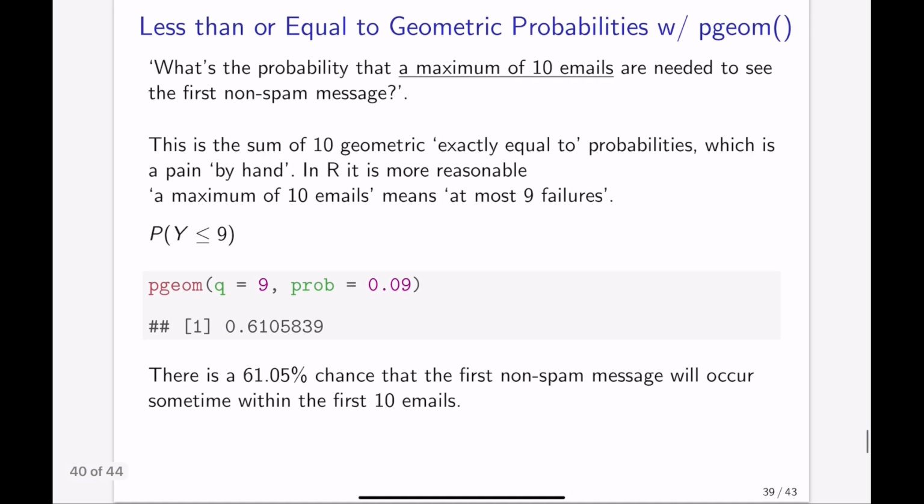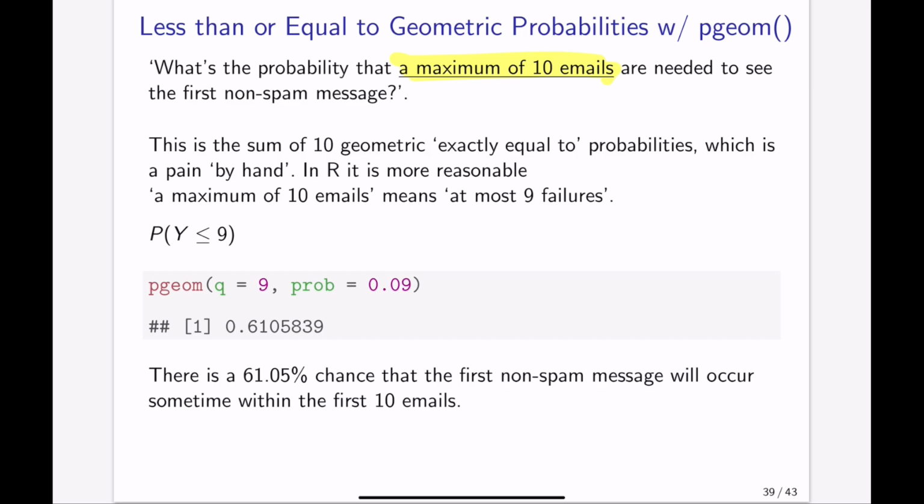So let's look at an example. What's the probability that we need a maximum of 10 emails in order to see our first non-spam message? We could do this the long and awful way by finding 10 geometric probabilities and adding all those, which in R isn't actually that bad, or we could use that pgeom function.